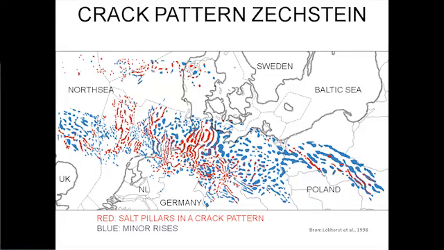Here we can see the salt pillars of the Zechstein Formation colored in red. The question is, how did they rise up? Let's again consider that during the flood the salt was erupted, covering the floor of a basin with hot liquid salt.